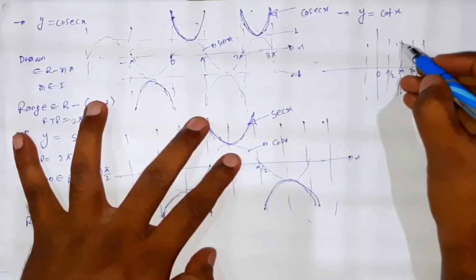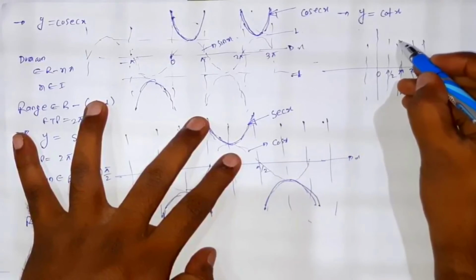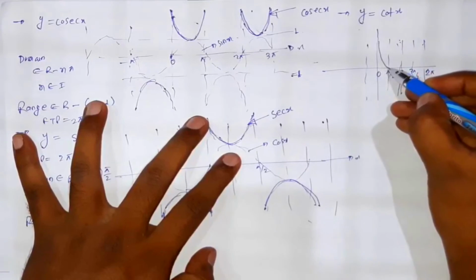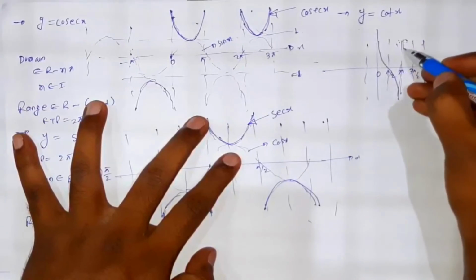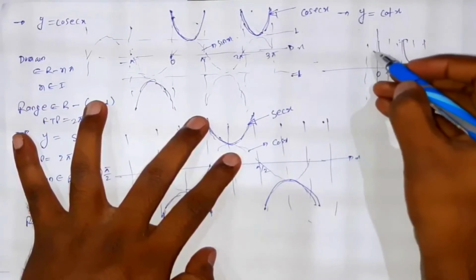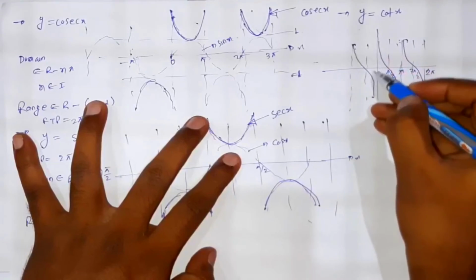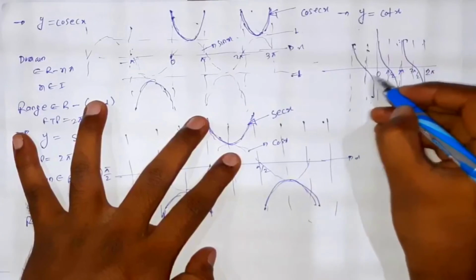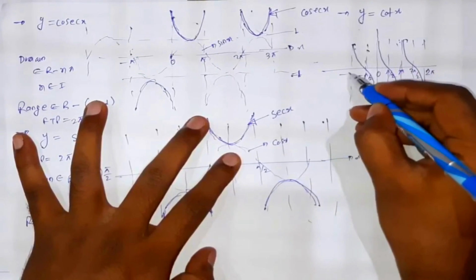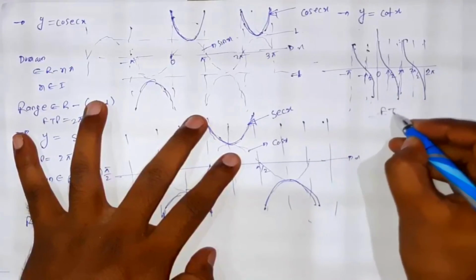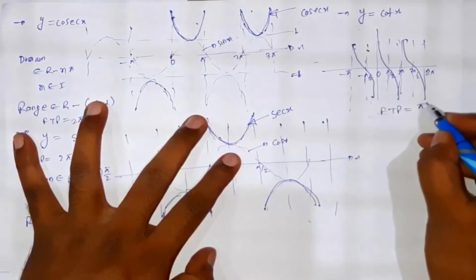From here it will be a decreasing function. This will be like this. I hope it is clear. This is minus pi by 2, this is minus pi. So from here we can say the fundamental time period will be pi.